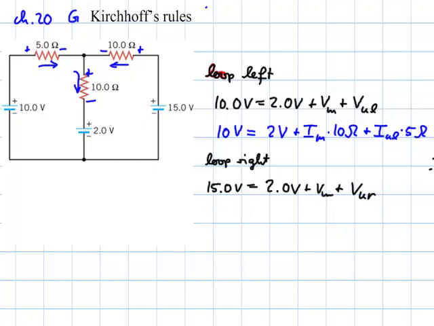And again, color change. So I have 15 volts equals 2 volts plus IM times 10 ohms plus I upper left times 10.0 ohms or 10 ohms.